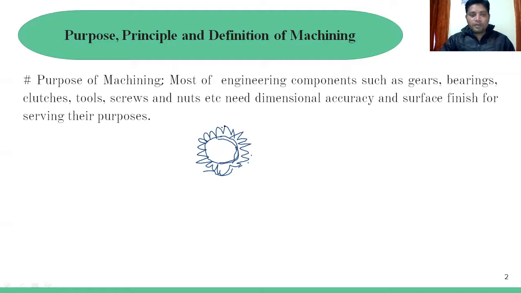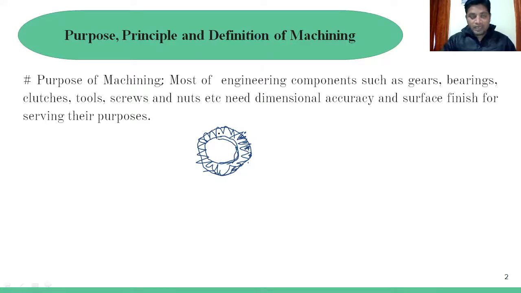But if we have a solid disc of a specific thickness or diameter, then we have to remove this material so that the teeth can be formed over the surface. For this purpose only we are using machining.